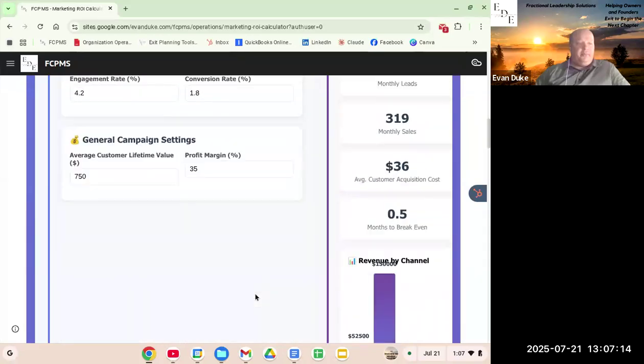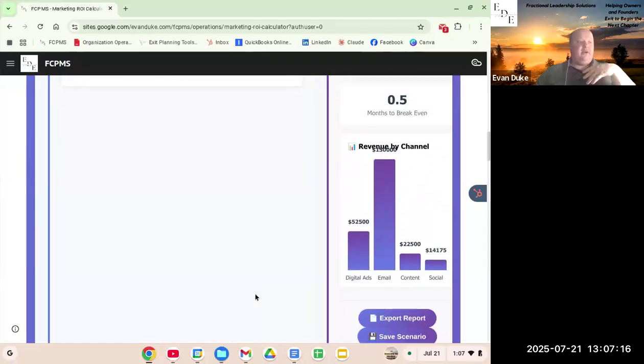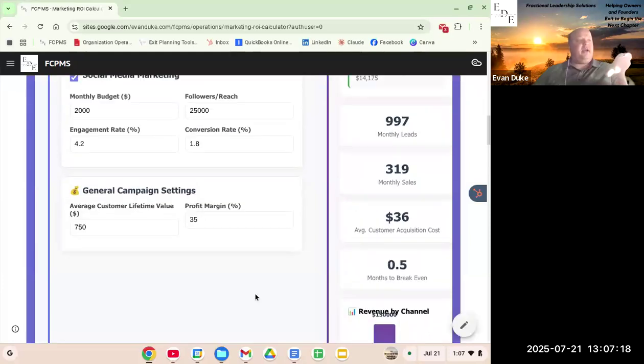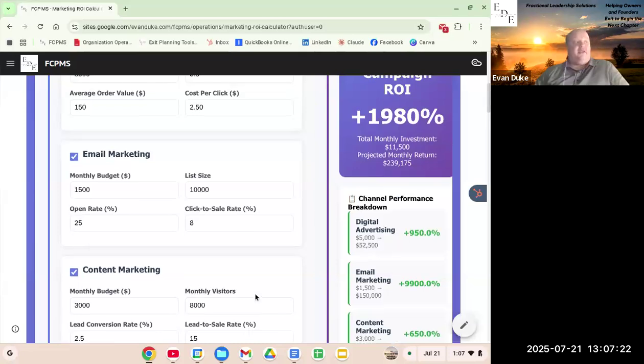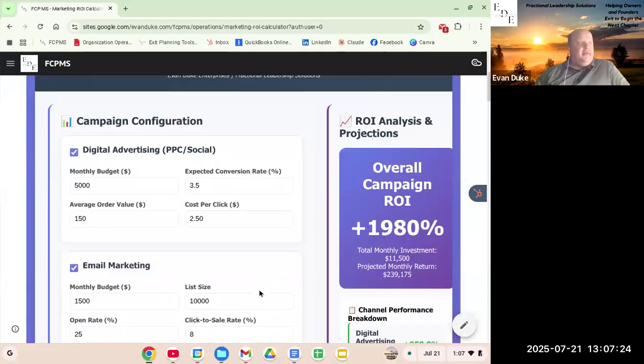We're putting in all of this information and trying to determine, okay, this is what we're investing, these are our goals, this is what we need it to be, and then determine what our ROI is.